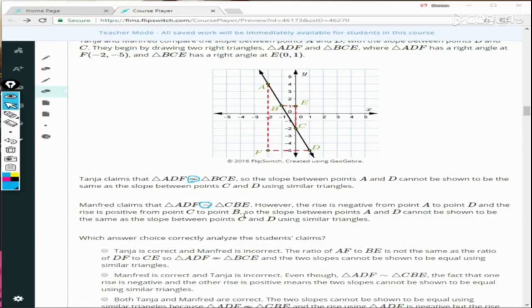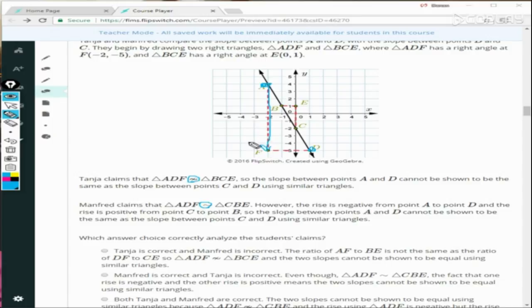Okay, so let's look at Manfred's claim. So the slope between points A and D, the rise is negative, so it went down. That's what it's saying.